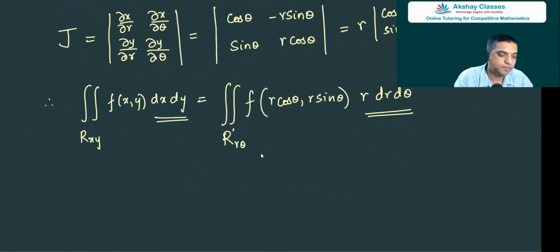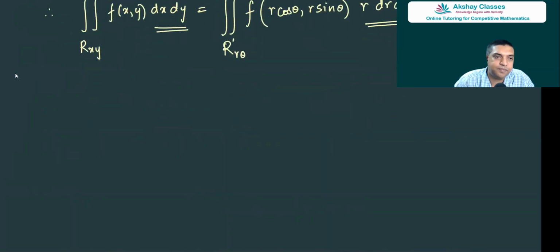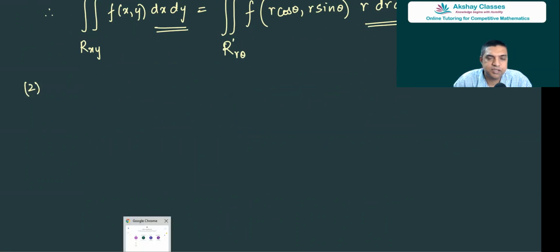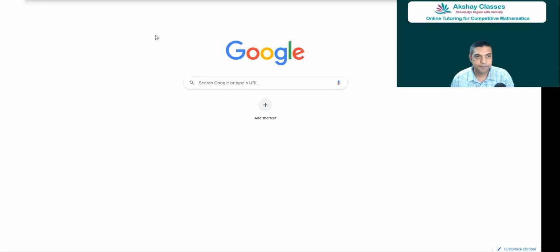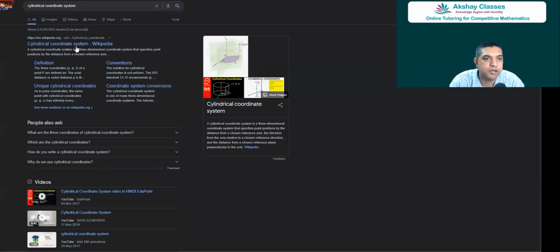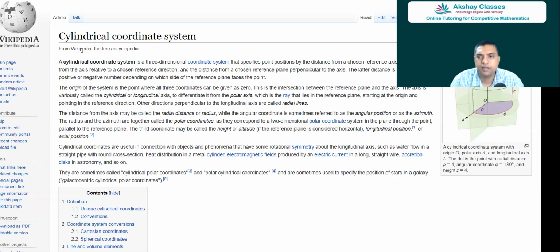Now, conversion from Cartesian to cylindrical coordinates. I don't know whether you know what cylindrical coordinates are. You must have used them.